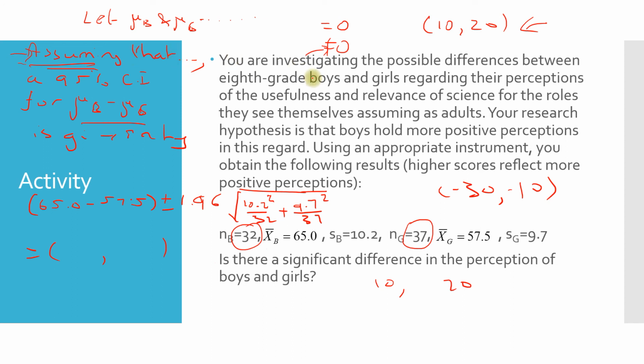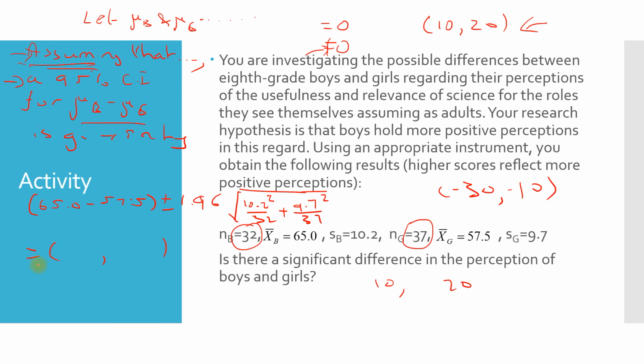Let's suppose it was like that, we would say assuming that the perception scores of boys and girls are independent, come from normal populations, and that their population variances are equal, then you write a 95% confidence interval. Then you continue with that.